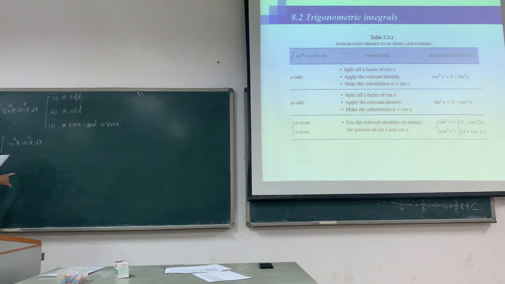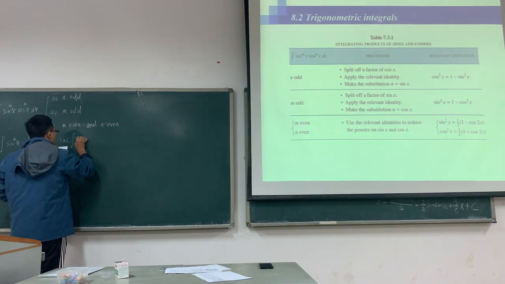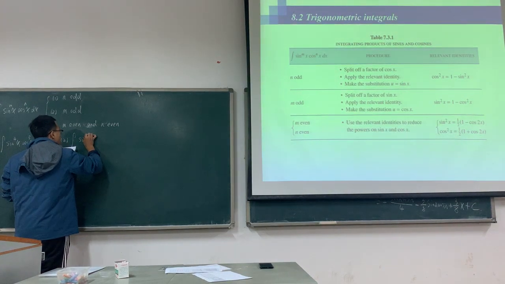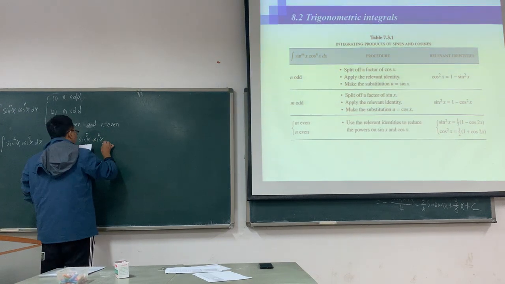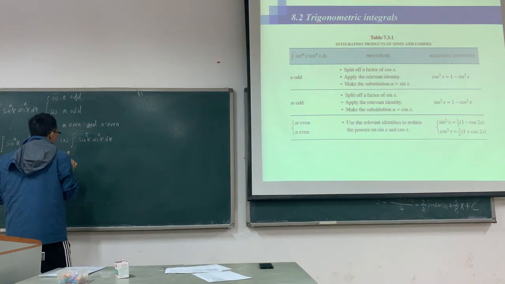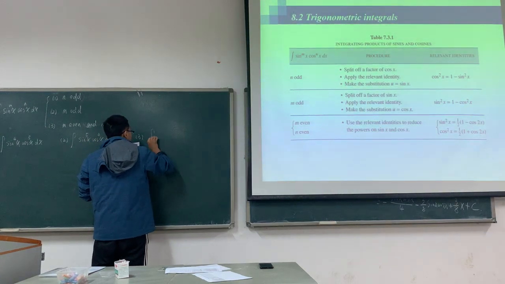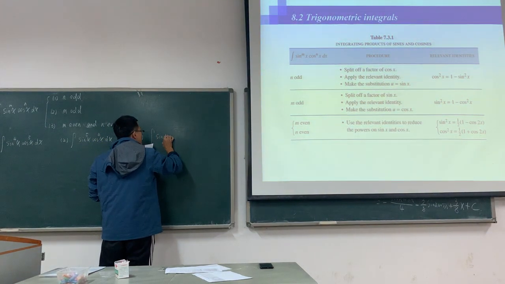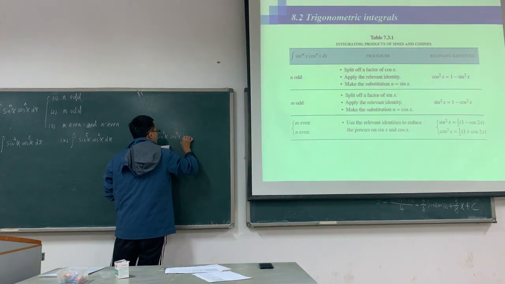The second one is sin x to the 5th power times cosine x to the 4th power dx. This is the second case. The third case is the antiderivative of sin x to the 4th power cosine x to the 4th power dx.